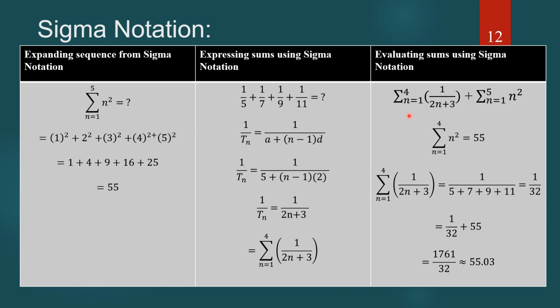For example, if we had to evaluate the sum of 1 over 2n plus 3 plus the sum of n squared, we would be taking the sum of n squared from 1 to 4 as 55 as calculated here, and then the sum of 1 over 2n plus 3 from 1 to 4 as 1 over 32, because I basically added all these expressions here, and then we ended at 1 over 32.